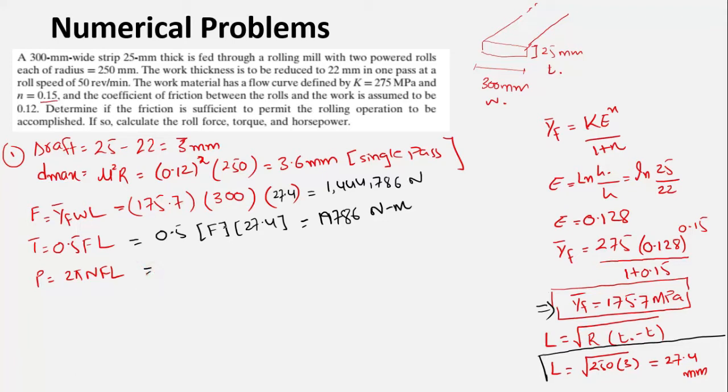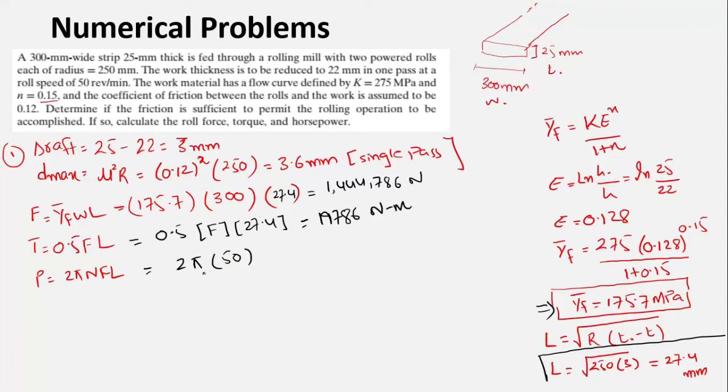Based on that torque, we can calculate the power, that is equal to 2 pi n into the force. What is the value of n here? We have the value of n equals 50 revolutions per minute.